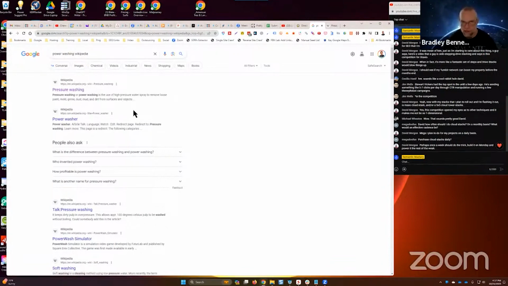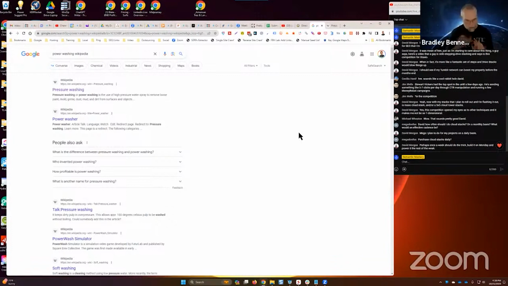We're using Google to show us what are the entities, topics, whatever you want to call them, that are associated with this term, according to Wikipedia, which Google trained its large language model in large part on. Right? Do you understand? Wikipedia is one of the largest influencers of Google's large language model.